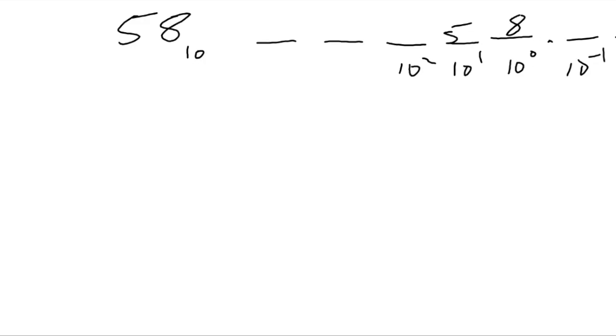So the way binary is going to work is we're still going to have these little slots, except now we're going to think of it as this. We're going to have 2 to the 0, 2 to the first, 2 squared, 2 to the third, and so on.